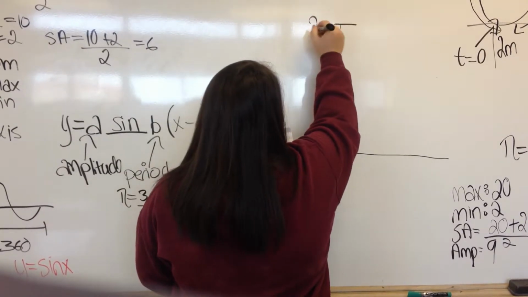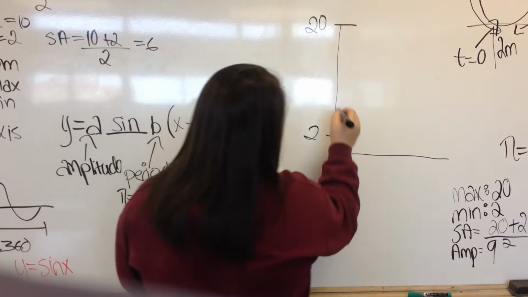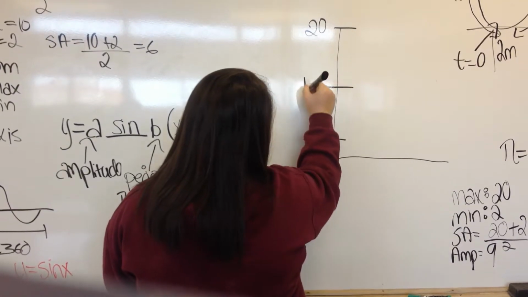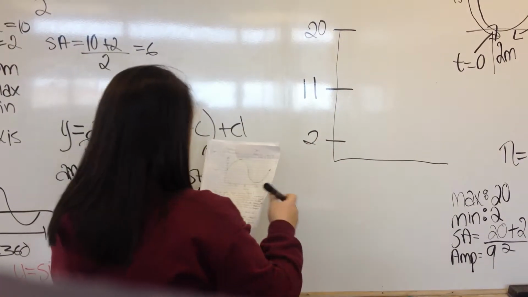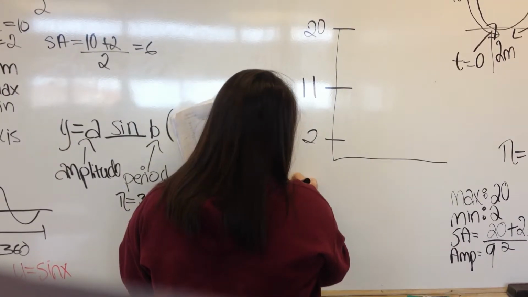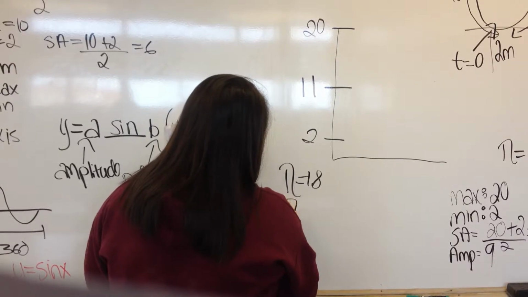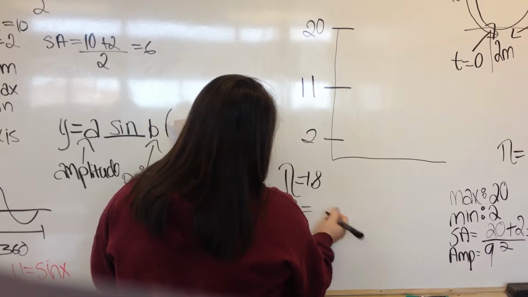Okay, so let's graph this. So the max is 20. The minimum is 2. The sinusoidal axis is right in the middle, which is 11. And like we said, lambda is 18. So half of lambda is going to be 9.